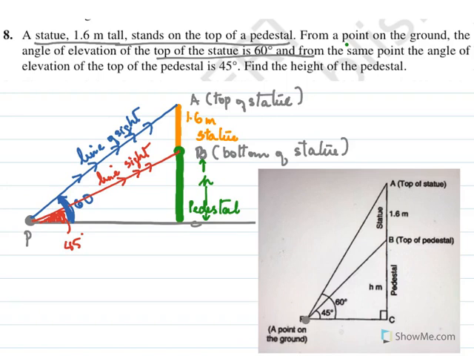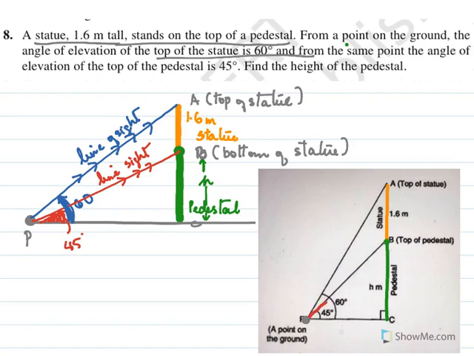So here's a proper diagram. P is the point of observation. Here is our statue which stands on our pedestal, and from P this man is looking at the top of the pedestal. The top of the pedestal is out here.